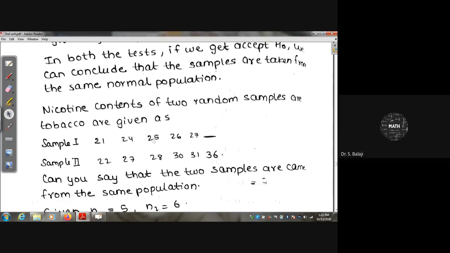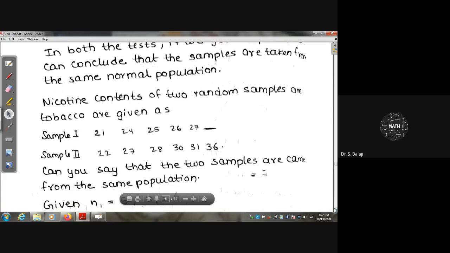Sample 1 we have 5 values, sample 2 we have 6 values. From this data, can you say that the two samples are taken from the same population?